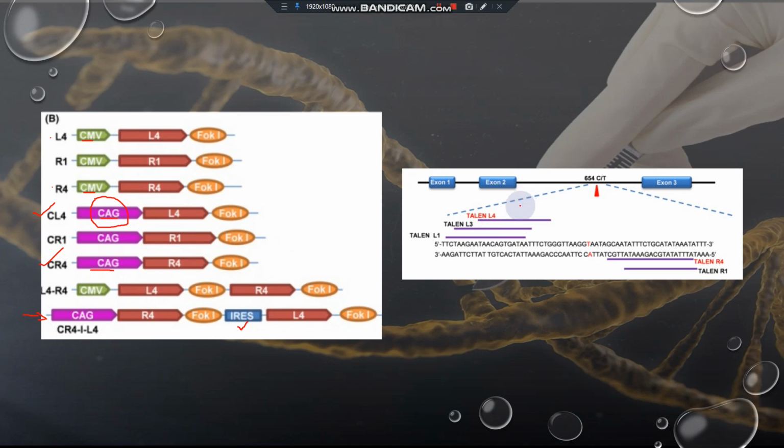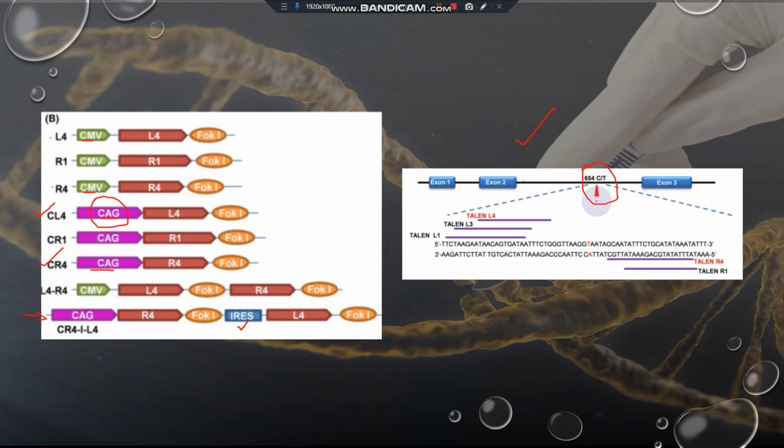Now in this figure, coming back to this diagram, the HBB gene, the hemoglobin gene, is shown here. There is a mutation in the hemoglobin gene at the 654 C/T site, and that mutation is in between exon 2 and exon 3.